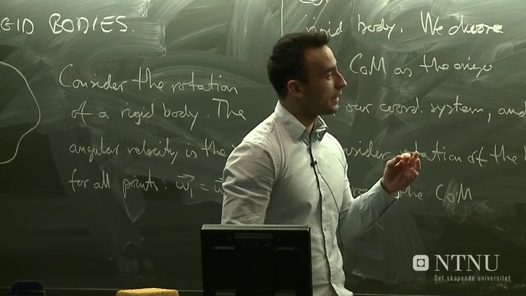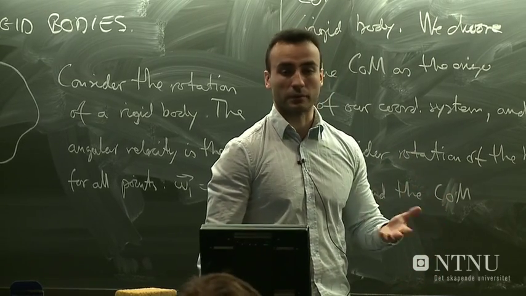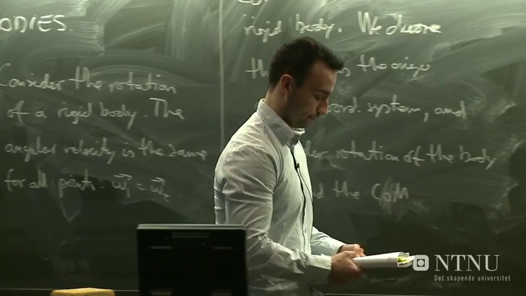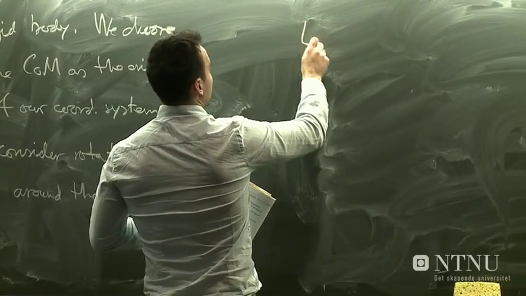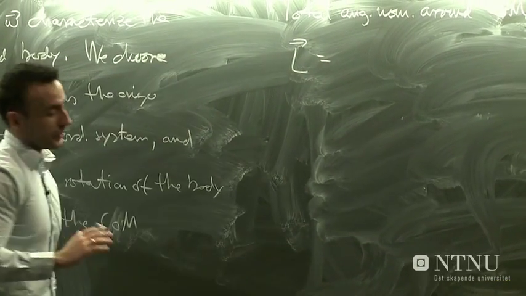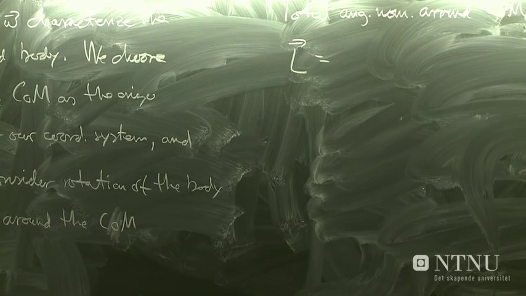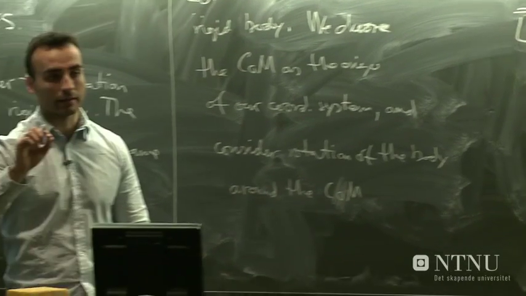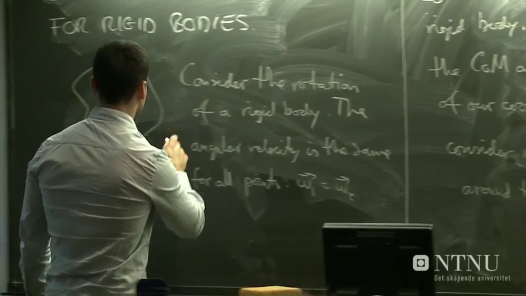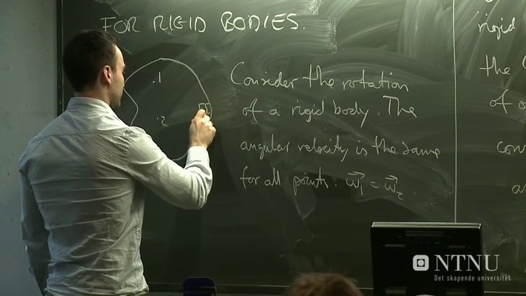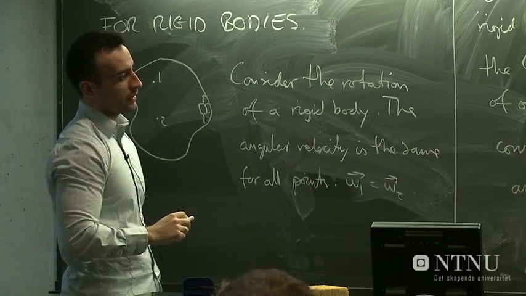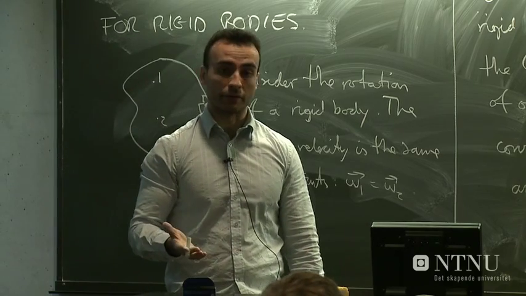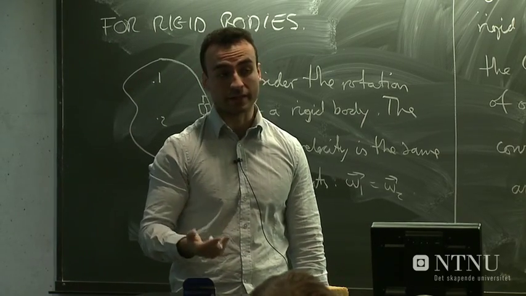You have to have a reference point to specify what the angular momentum or torque is. So we follow our usual strategy of dividing the rigid body into several sub-regions, like this, which may or may not have different masses, depending on if the body is homogeneous or inhomogeneous.